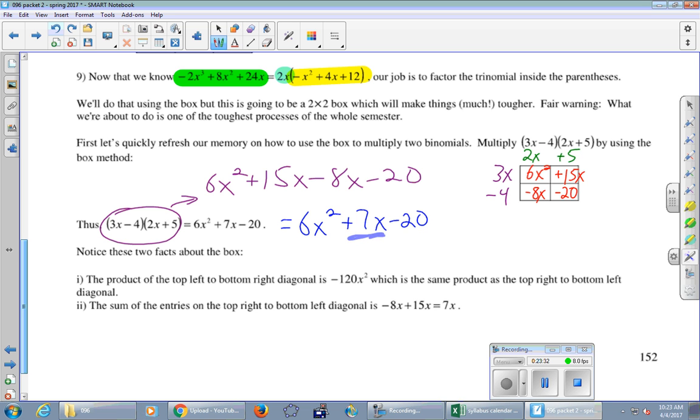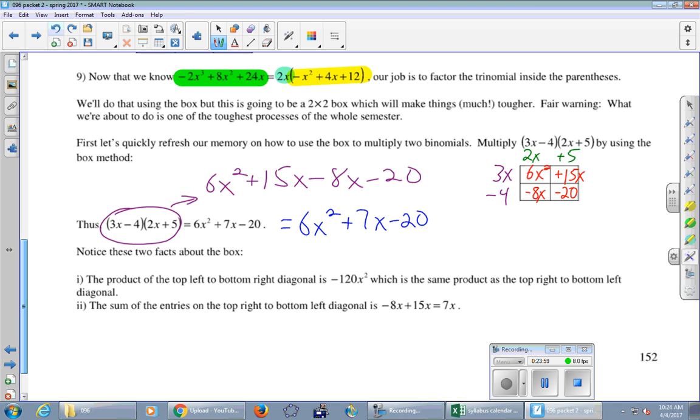Well, we do know it because we just happen to do this multiplication. But if I don't tell you this, and I just say, hey, I multiplied two things together and I got 6x squared plus 7x minus 20, you can't know that 7x came from 15x minus 8x. Could have come from 10x minus 3x. Could have come from anything. And so the 7x contains information, there's information in there that was lost. And so it's hard for us to recover it, but we'll be able to.